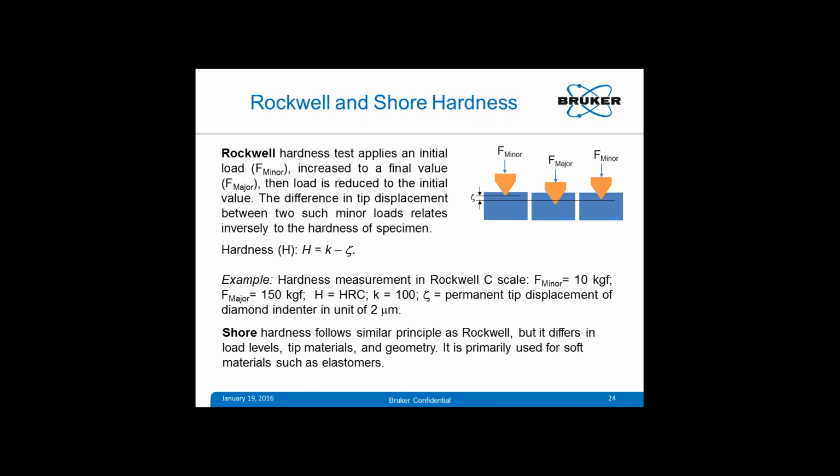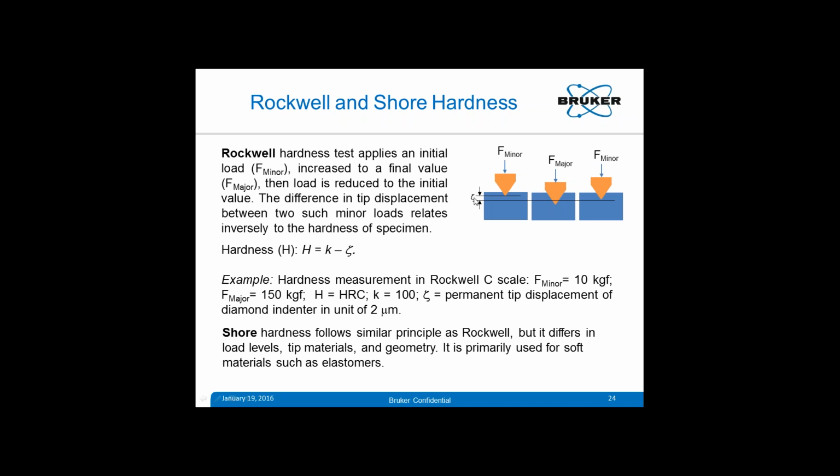Compared to Brinell, Rockwell, and Knoop indentation techniques, we have the Rockwell and Shore hardness techniques, which work differently. This methodology measures displacement. In Rockwell, there are different kinds of indenter, mostly diamond, and this is done by applying a minor load initially on the surface, then adding a major load, then removing the load back to the minor load, and measuring the tip displacement from the initial minor load to the final minor load.